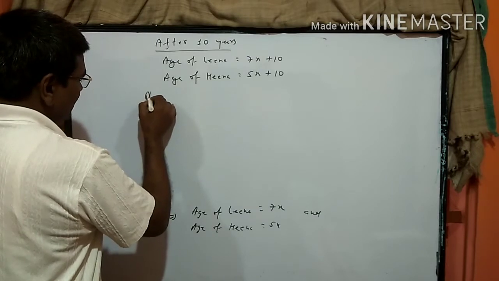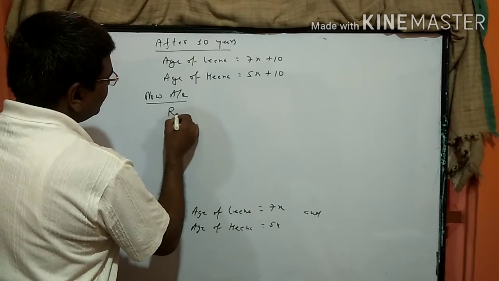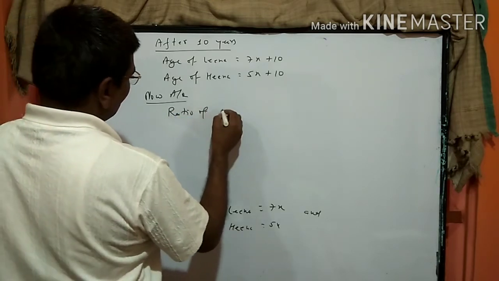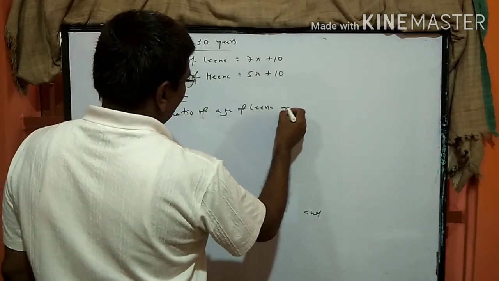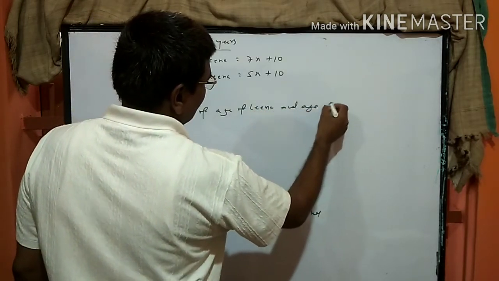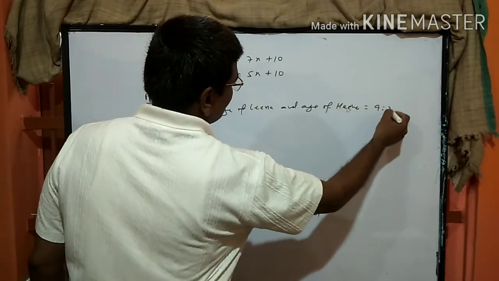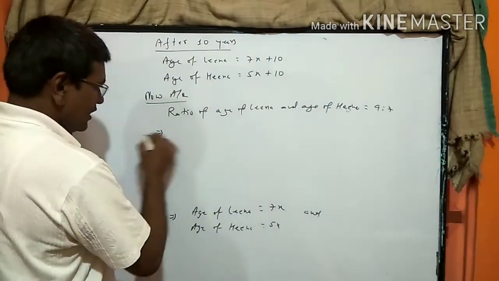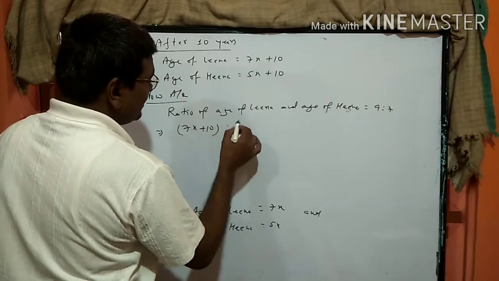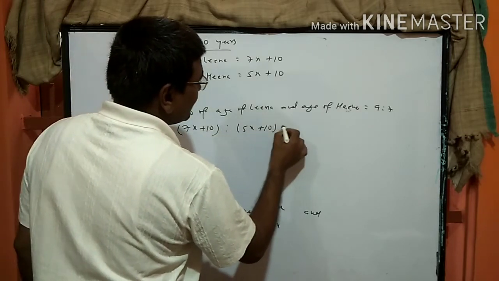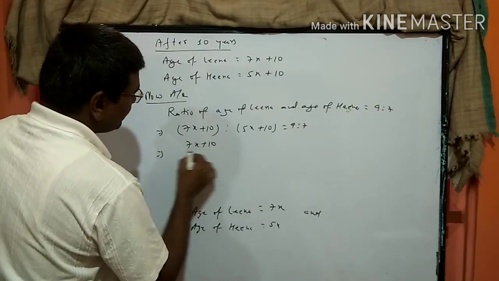Now according to the question, the ratio of age of Leena and age of Hina equal 9:7. That means 7x plus 10 is to 5x plus 10 equal 9:7. Change it into fraction.